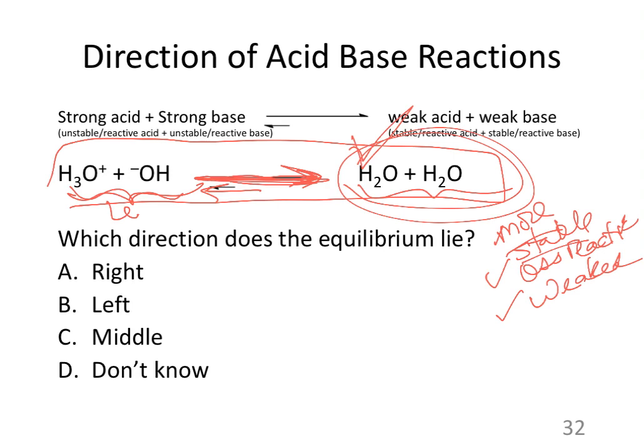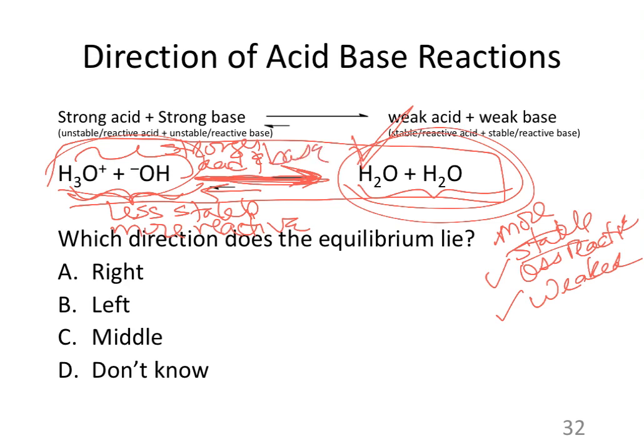So that means the reactant side is less stable. We could also say that because it's less stable, it's more reactive. And we could also say because of that, that these are stronger acid and base than the other side, which is pure water, right?